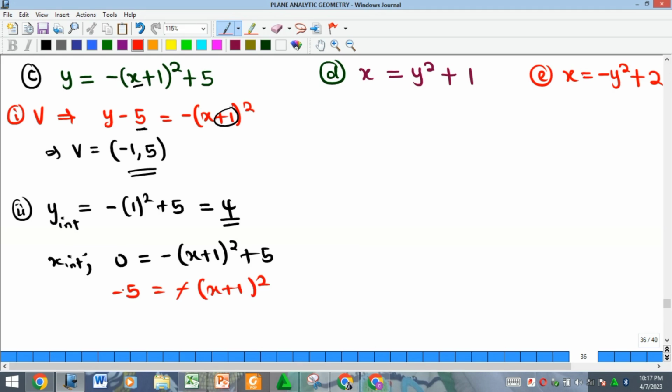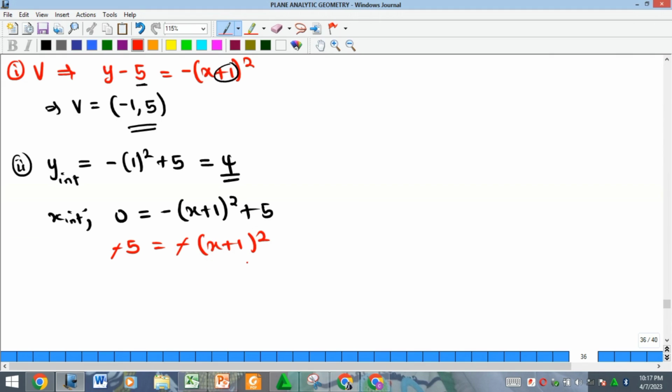This minus will take away this minus, and so we have 5 alone. Then if this square comes over, it becomes the square root of 5, and that is equal to x plus 1. Therefore, our x-intercept is the square root of 5, with the 1 coming over here becoming negative 1, and that is our x-intercept.